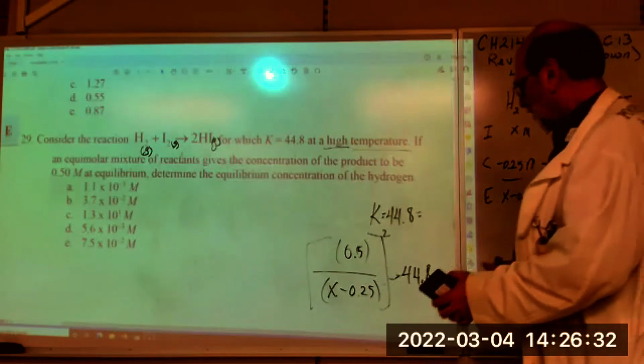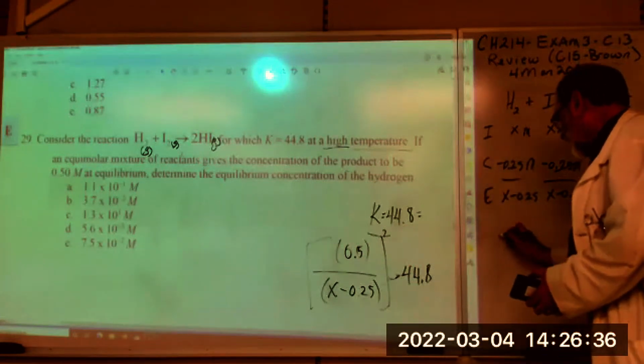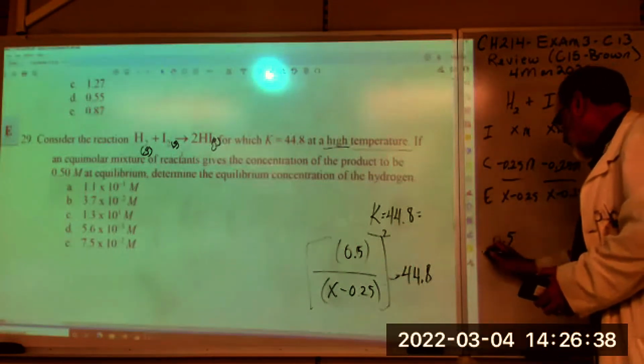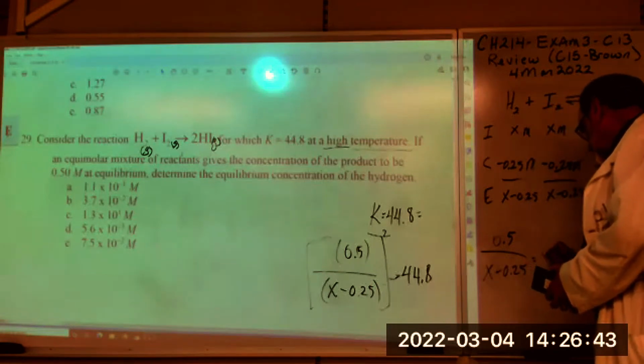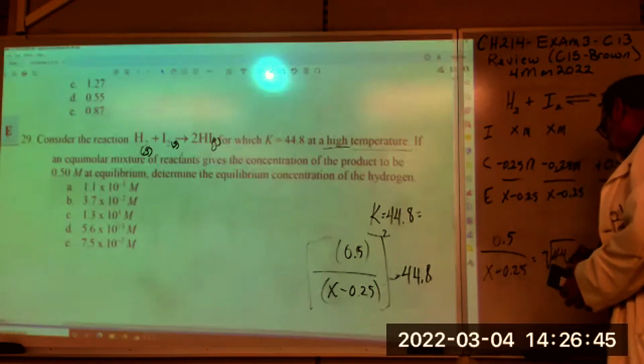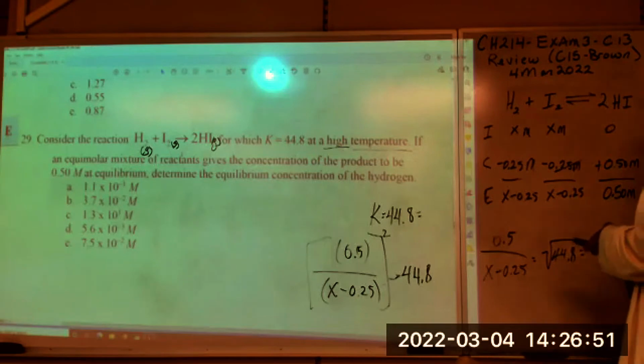Great news, because now we can take the square root of both sides. And that means 0.5 over X minus 0.25 is equal to the square root of 44.8, which is 6.693.